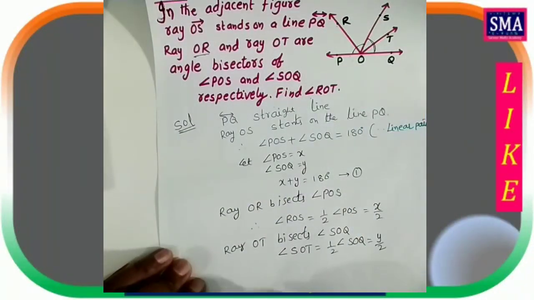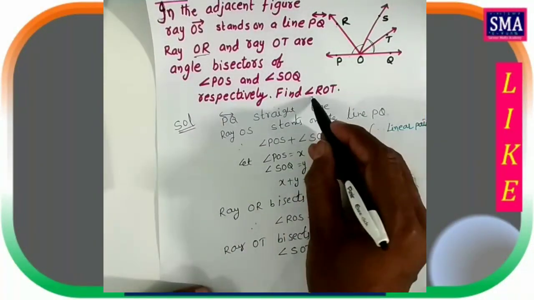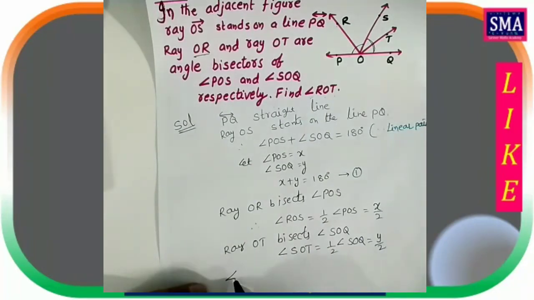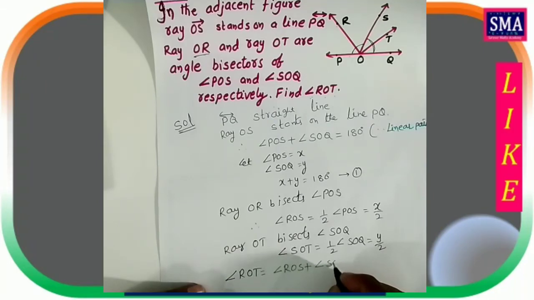Okay. Next one, we find angle ROT equal to angle ROS plus angle SOT, from the figure. Here ROS is equal to X by 2 and SOT is equal to Y by 2.